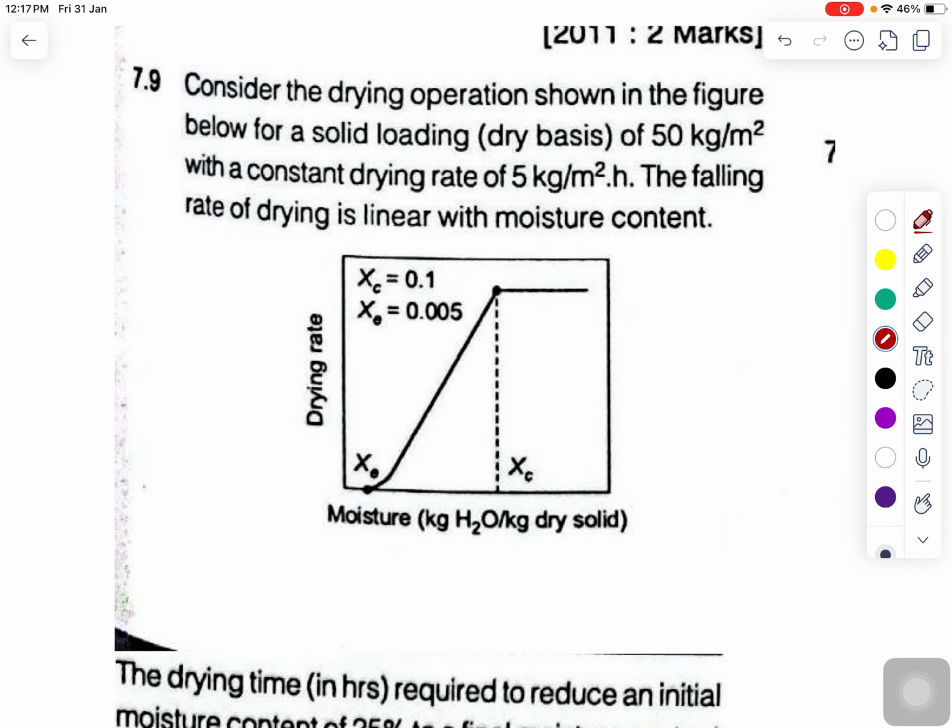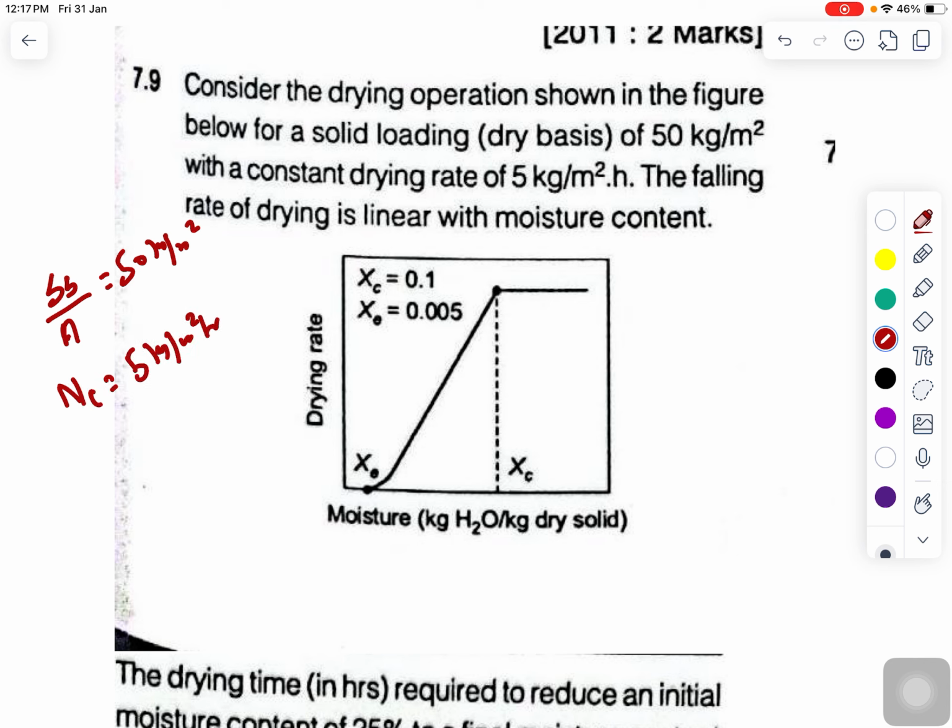The next question says: consider the drying operation shown in the figure below for a solid loading of 50 kg per meter square. So here you can say that Ss divided by A is given as 50 kg per meter square, with the constant rate of drying given as 5 kg per meter square hour.